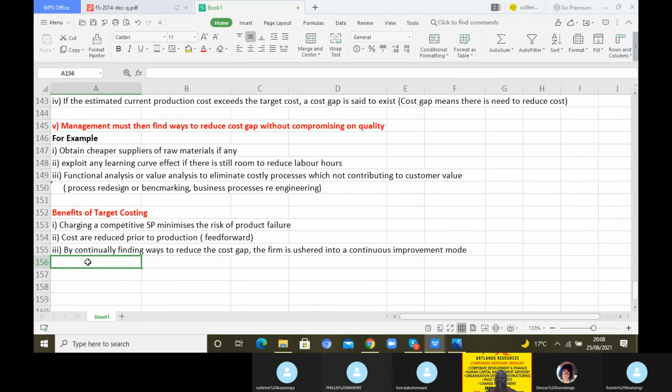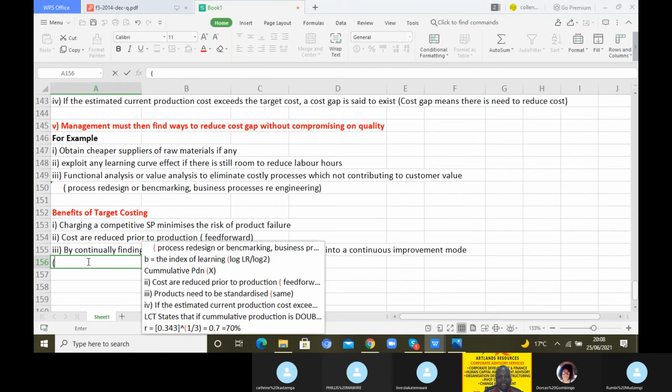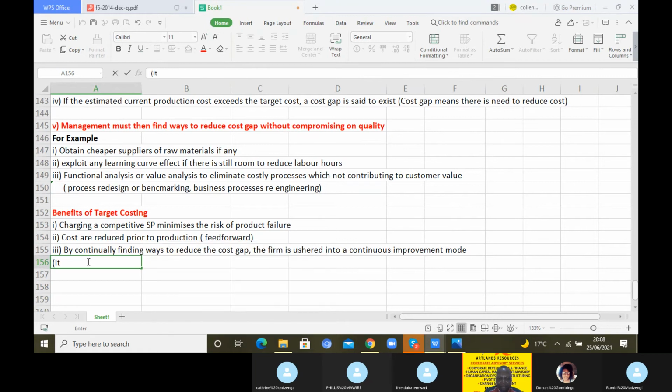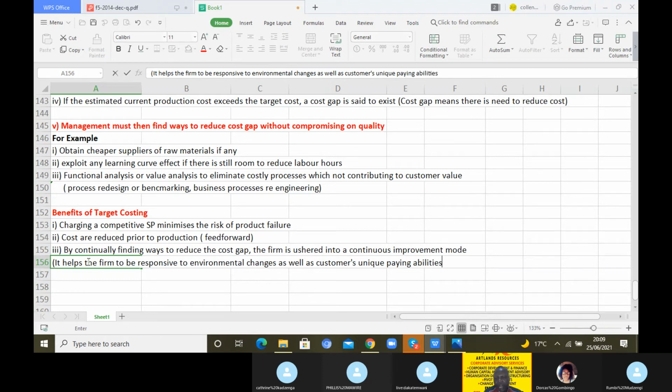So actually what we are saying is, in brackets, the point that I have just said here: it helps the firm to be responsive to environmental changes as well as customers' unique abilities. I now know I have explained it pretty cool.